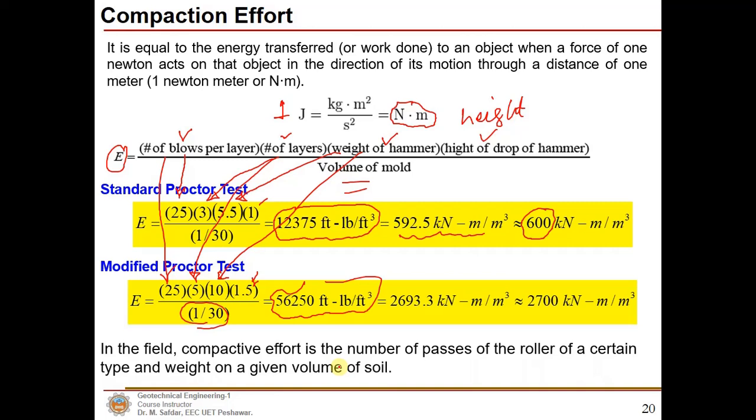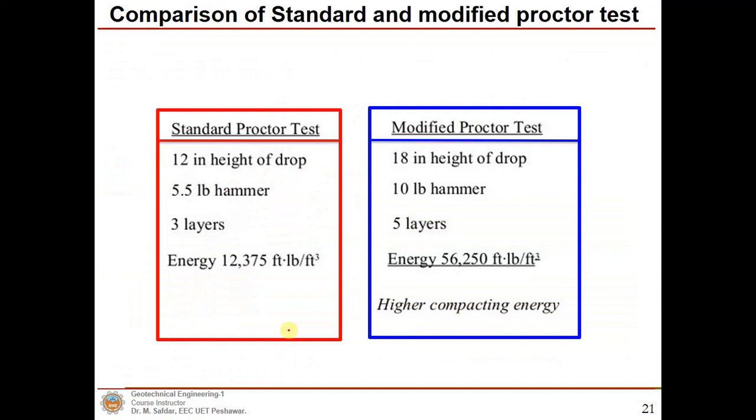Now in the field, compactive effort is the number of passes of a roller of a certain type and weight on a given volume of soil. If you want to compare the standard Proctor test and the modified Proctor test, in the standard Proctor test a 12 inch height of drop is used. However, in the modified one, an 18 inch height of drop is used. The weight of the hammer is 5.5 pounds, and 10 pounds in the modified one.